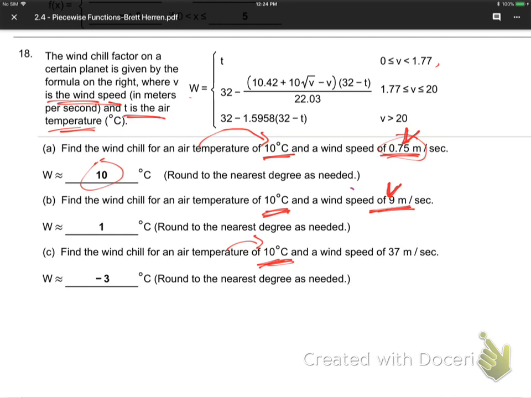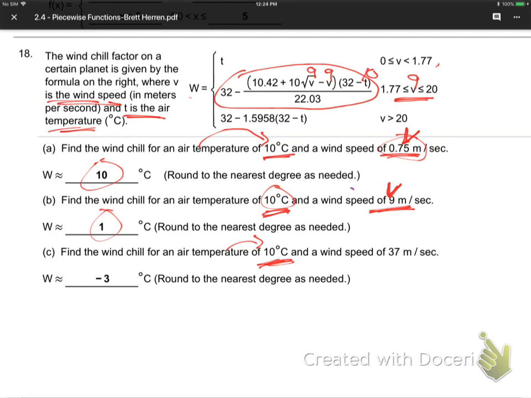Middle, because 9 is between 1.77 and 20. So you're plugging into that messy formula. The T is 10, the V is 9. Hit the buttons on your calculator. You'll get that it feels like 1 degree. Even though it's really 10 degrees air temp, it feels like 1 degree because of the wind.